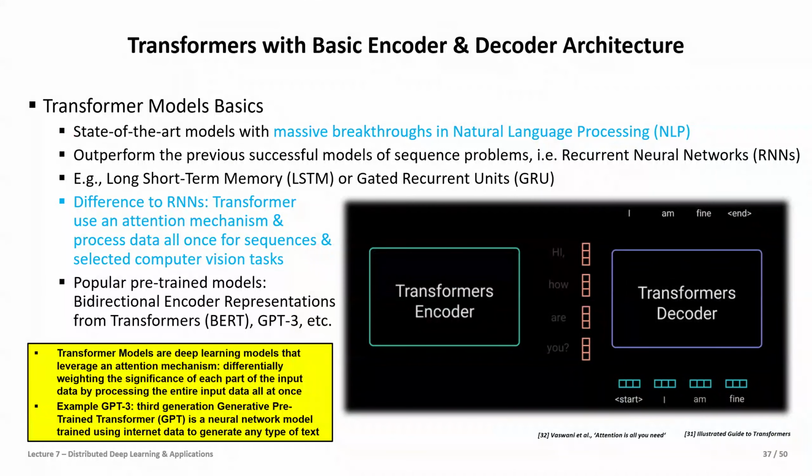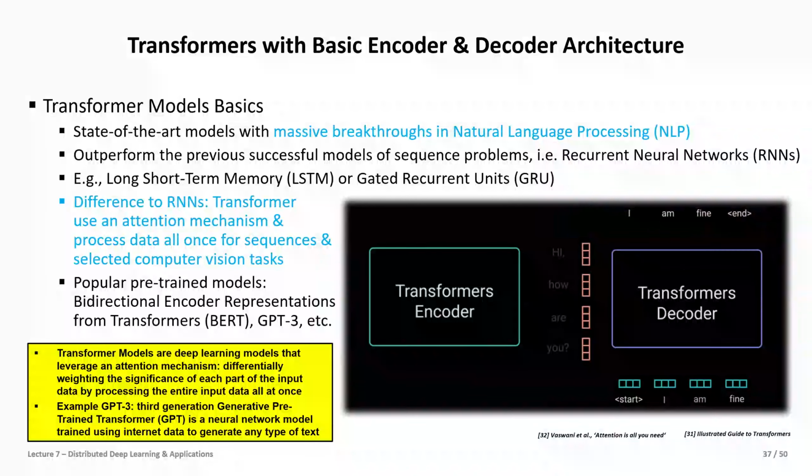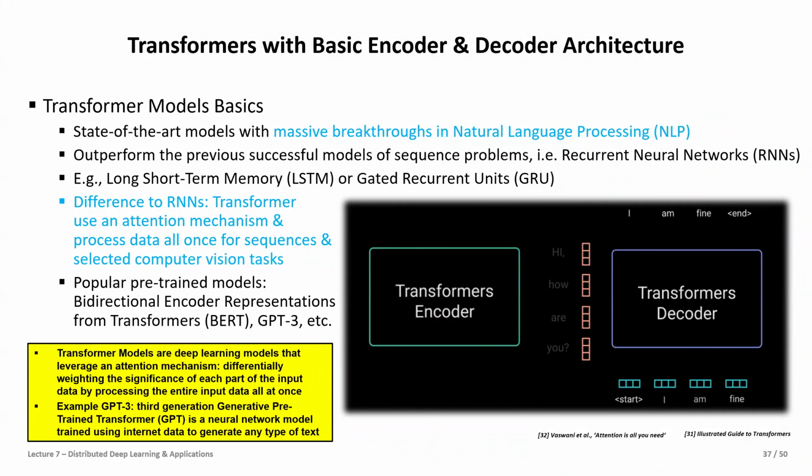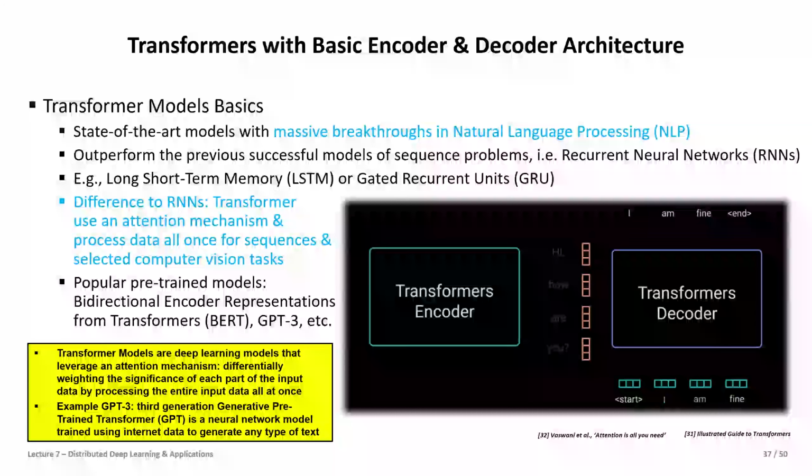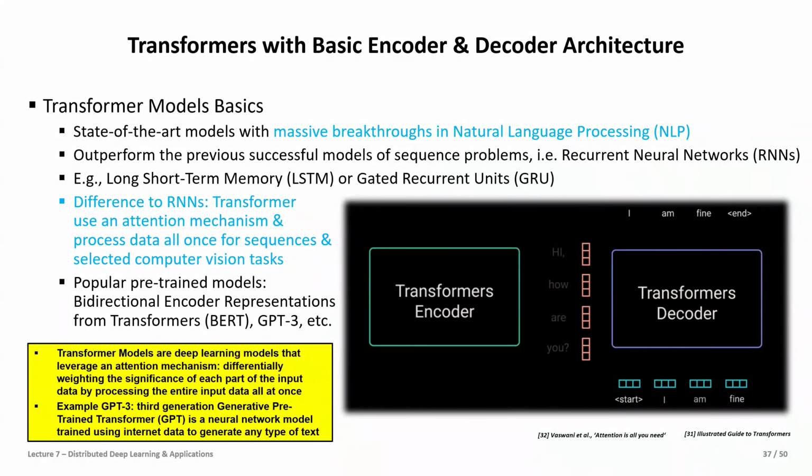Coming a little bit to transformers, really very briefly, just to give you an idea that this was the key idea of the massive breakthroughs we see now in NLP, in natural language processing. I already talked with you about the TrustLM large language model, so we don't have to go into this anymore. And the idea how they work is having sort of a transformer encoder and decoder structure, where you have a very specific deep learning model that leverages a so-called attention mechanism, right?